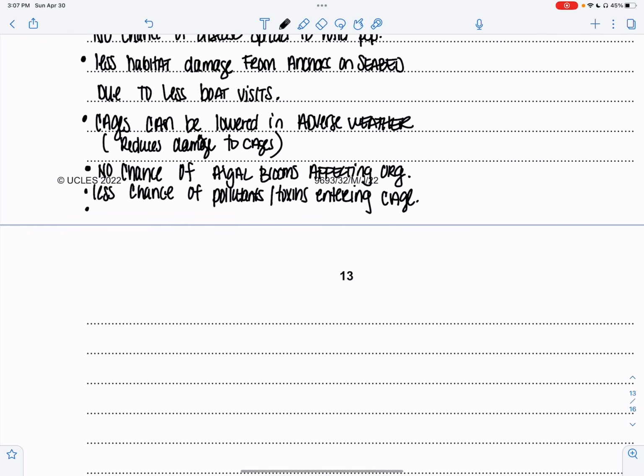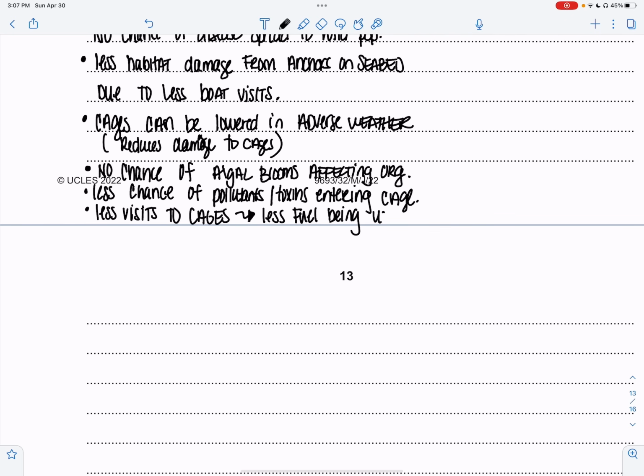And because there's less visits, because a lot of this can be monitored on land, we're going to have less fuel being used. That little squiggle arrow, usually in my brain whenever I do it, that means this means, so less visits to cages, this means less fuel being used.